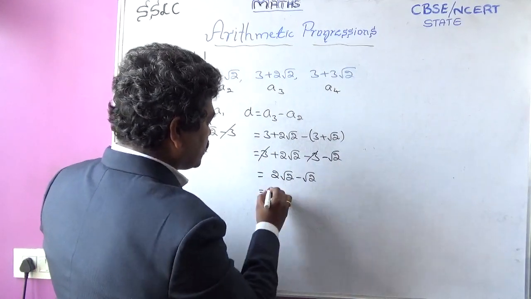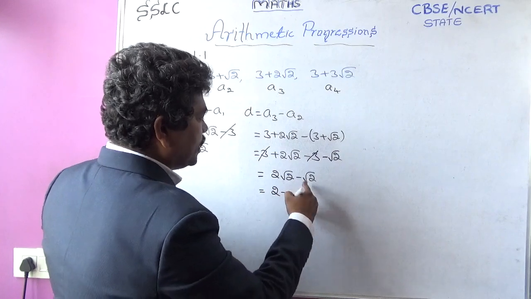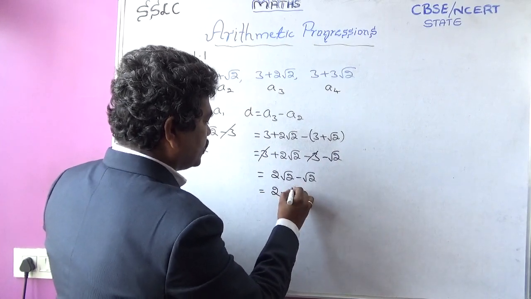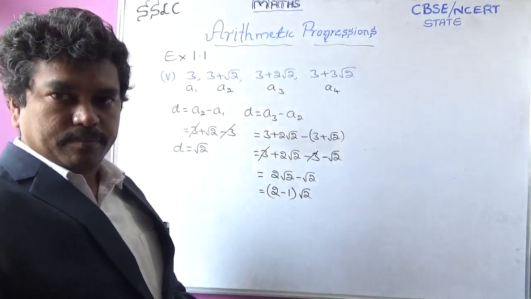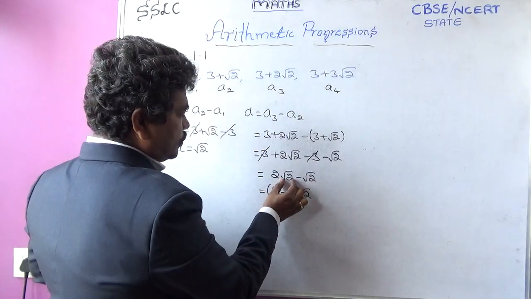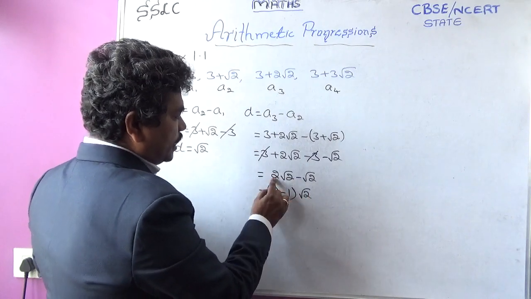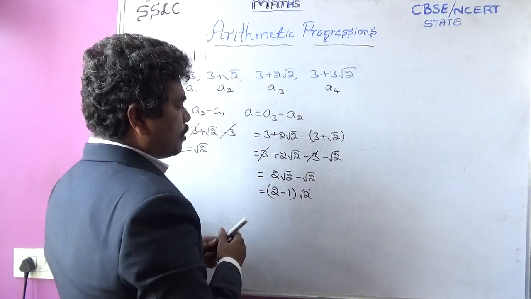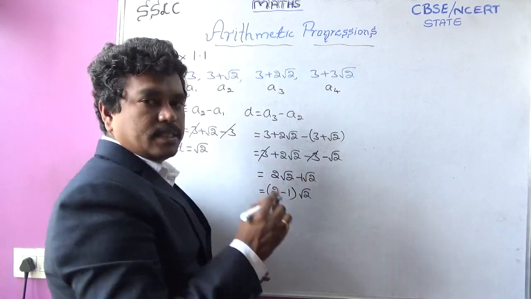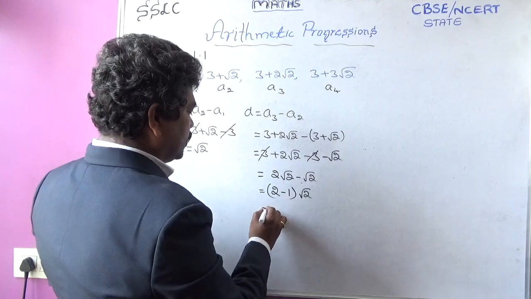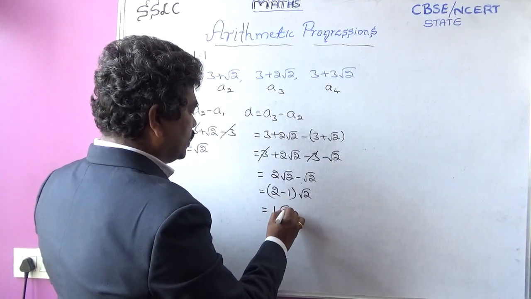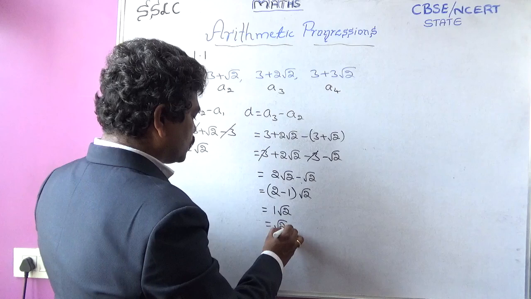If you take root 2 as common, it becomes 2 minus 1. In this one root 2 is taken outside, it becomes 2. In this one root 2 is taken outside, you consider that 1 is there, so we write minus 1. That is 2 minus 1 is 1 root 2, or you write this as root 2.